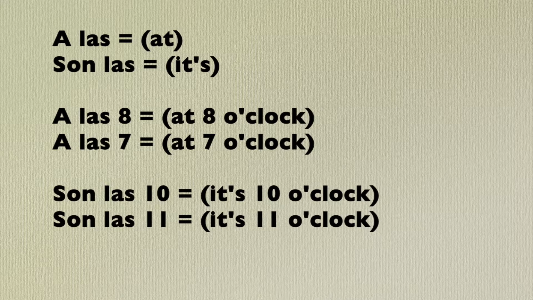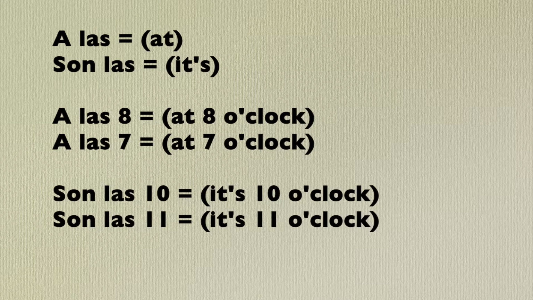As you see here, a las is at in Spanish. This is only when it's pertaining to telling time, okay? A las is at. Son las is it. I want you to remember it that way. So let's look at some more examples.